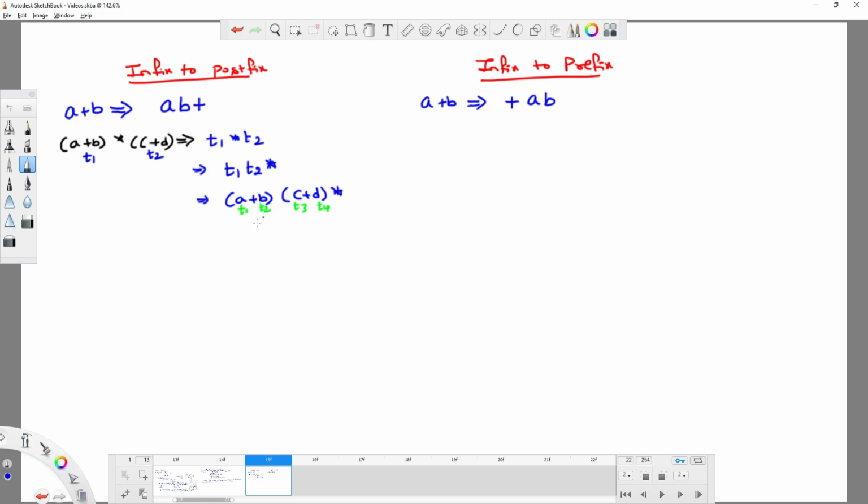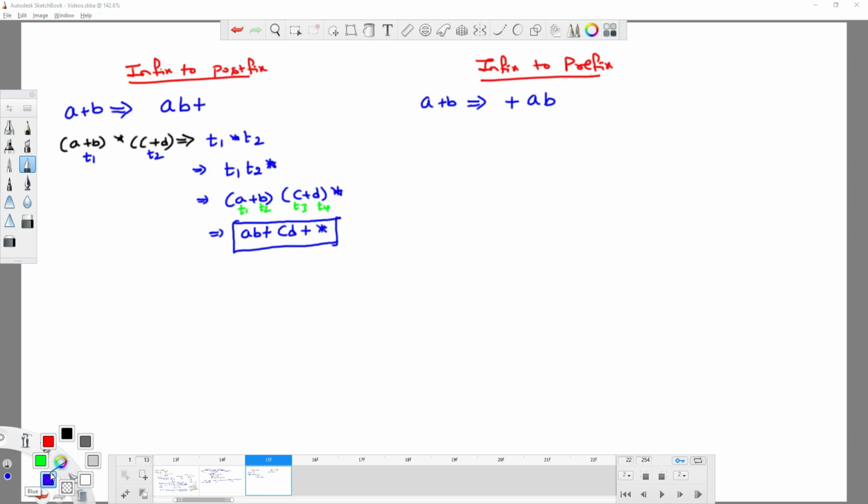You will get a b plus, and you can remove the parentheses. t3 plus t4 means t3 t4 plus, which means c d plus. Then star. So this is the final postfix expression: a b plus c d plus star.